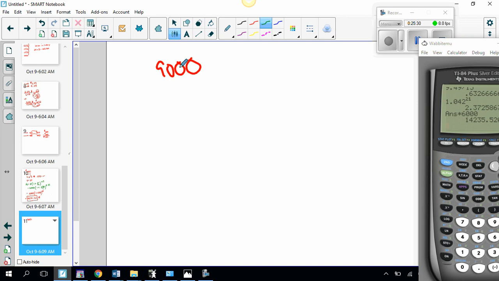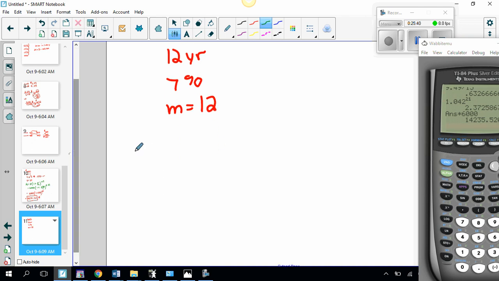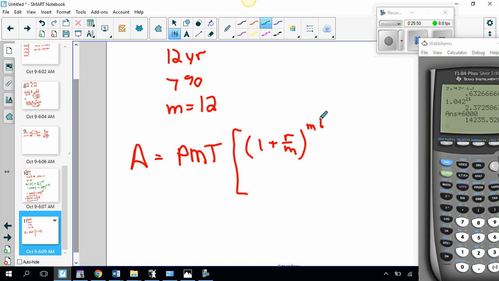90,000, 12 years, 7% monthly. All right. So I do know that a PMT formula is A times R over M over 1 plus R over M to the MT minus 1.